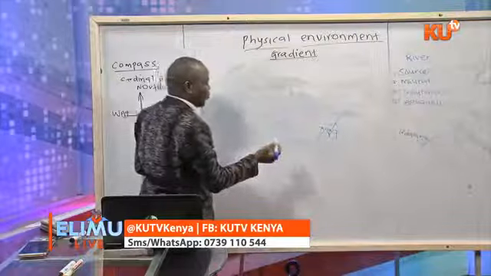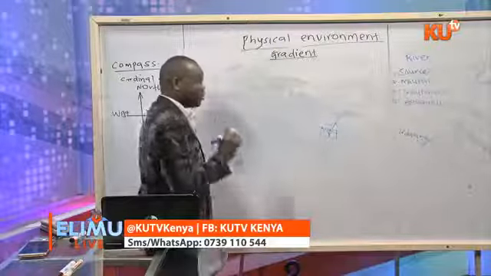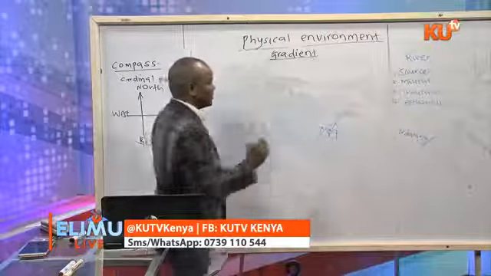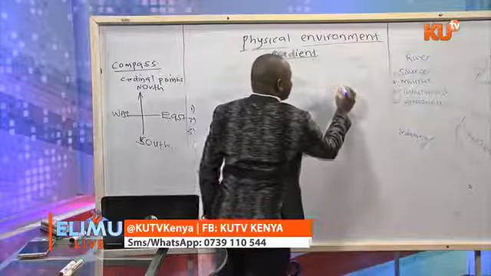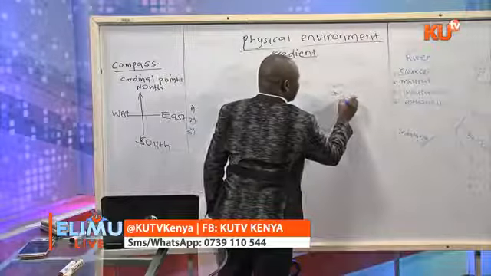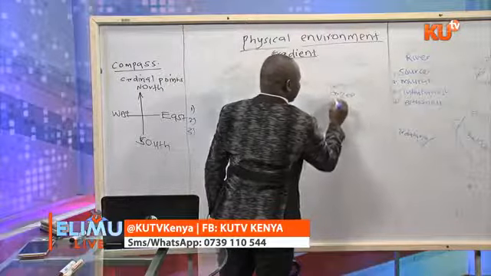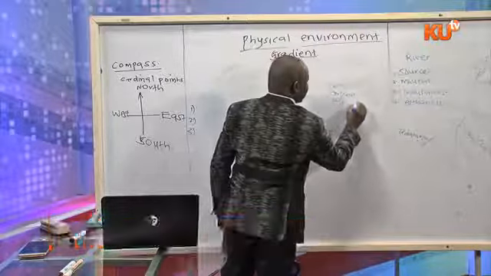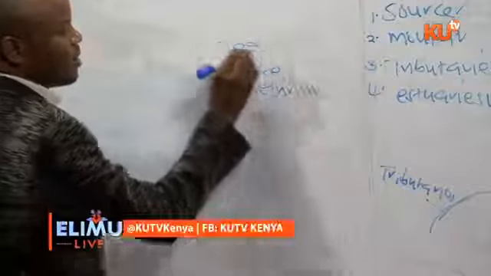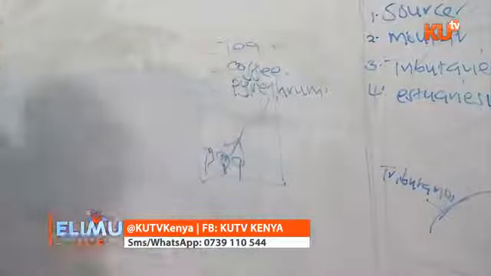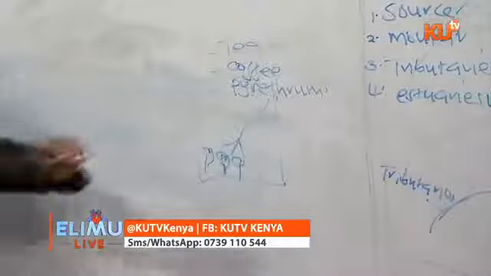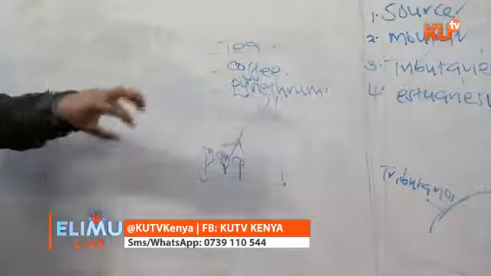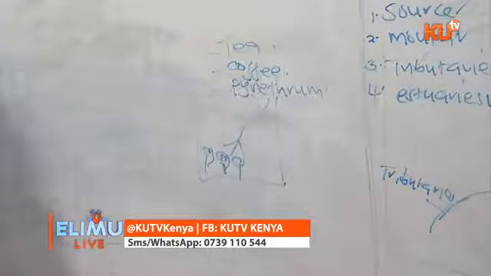Then we have the crops grown. The crops grown on the highest part are tea, maize, coffee, and pyrethrum. These are the major crops mostly grown in the highland part.